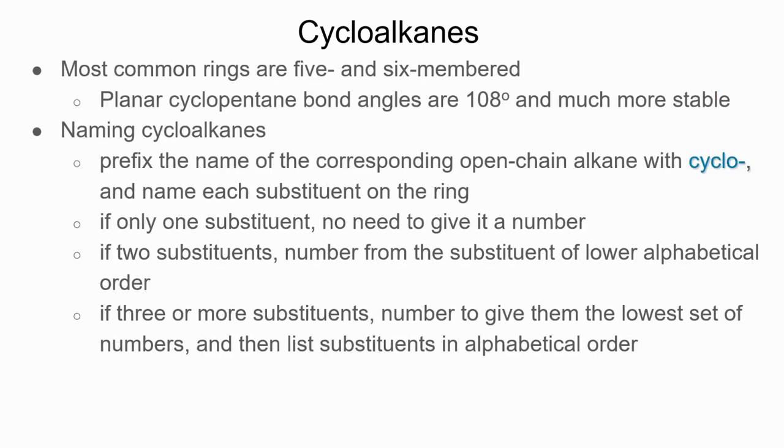So the most common cycloalkanes that actually do occur in nature are 5 and 6-membered rings. Nature loves 5 and 6-membered carbon rings, and we find tons and tons of those. And so if we go to that 5-membered ring, which looks like a pentagon, that planar cyclopentane, we're going to look at some structures of cyclopentane more in just a minute.